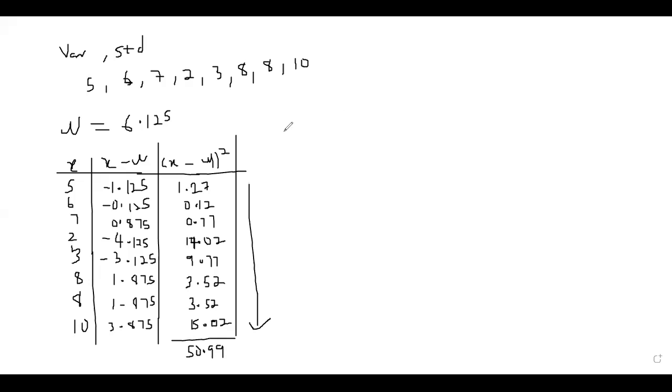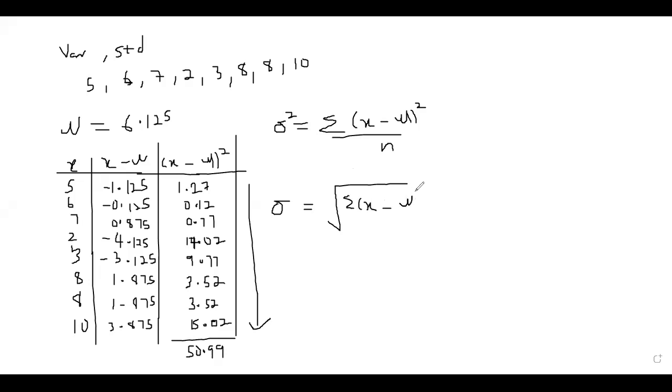Take note, variance is the summation of (x minus mu) squared over n. But standard deviation is the square root of the summation of (x minus mu) squared over n.